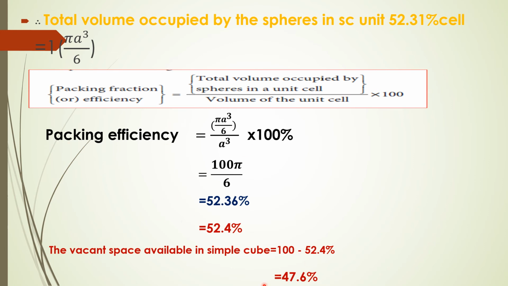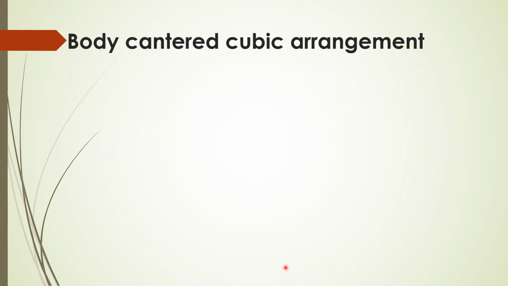So the packing efficiency or packing fraction is useful for analyzing doping methods for semiconductor formation. At that time another type of metal can be added, and the efficiency will be more.